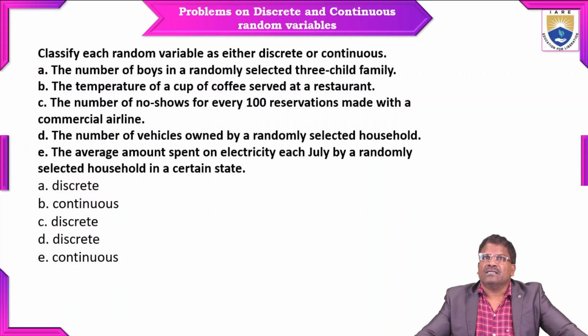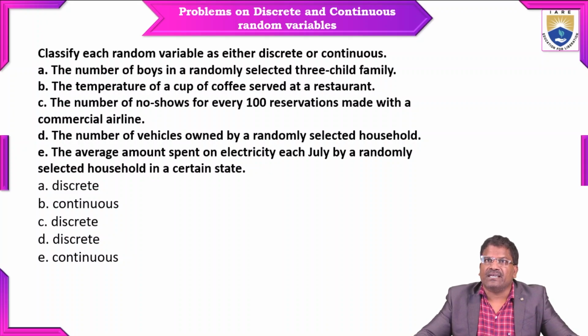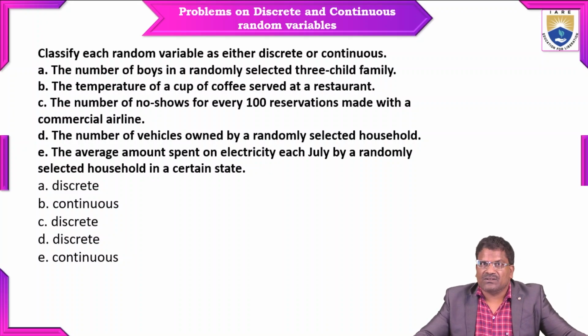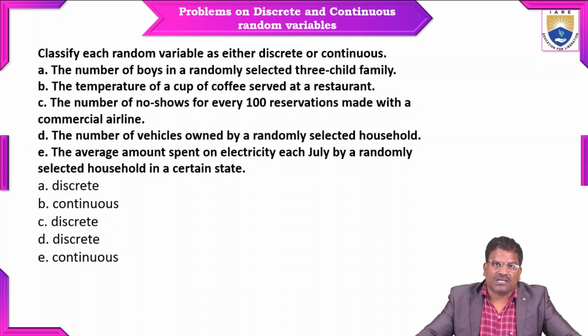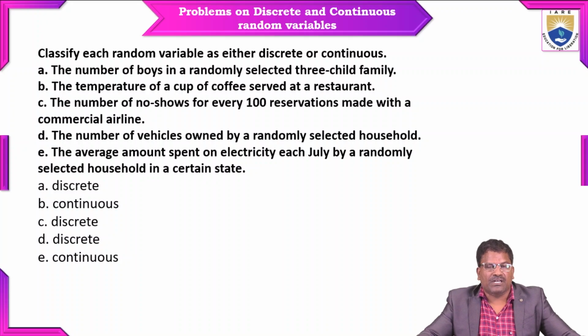Question B. The temperature of a cup of coffee served at a restaurant. No, you cannot count. Continuous. C. The number of no-shows for every 100 reservations made with a commercial airline. 100 we are only telling. Countable. Discrete.